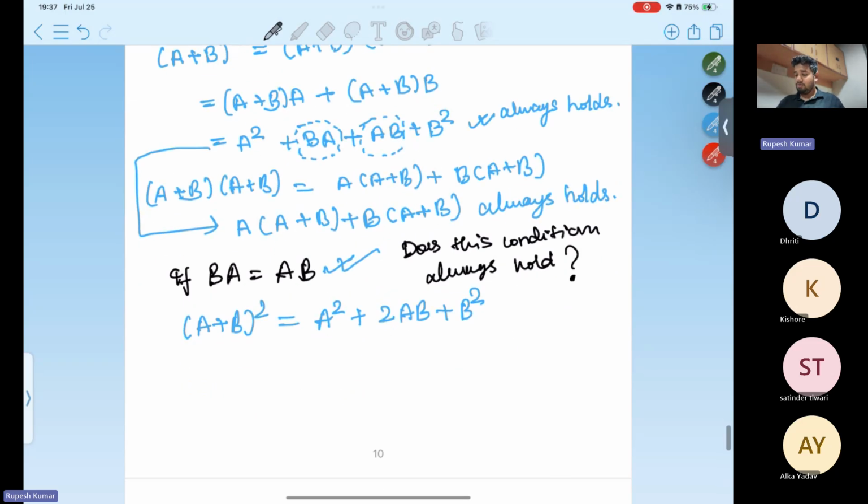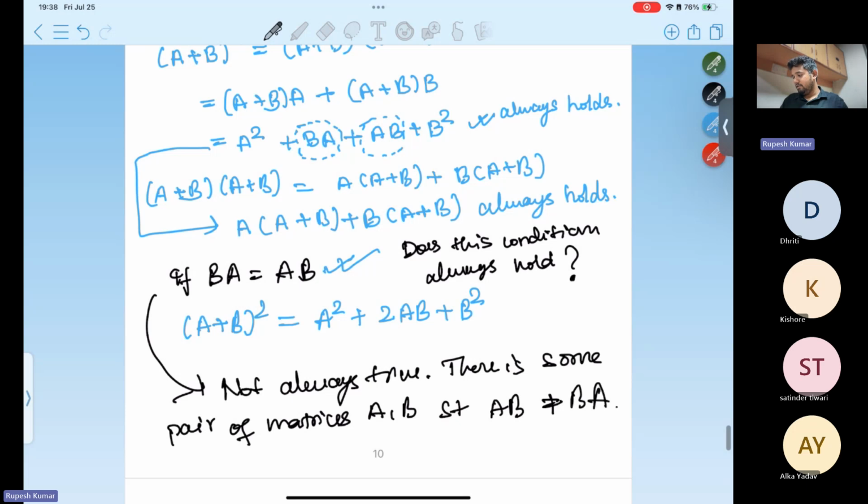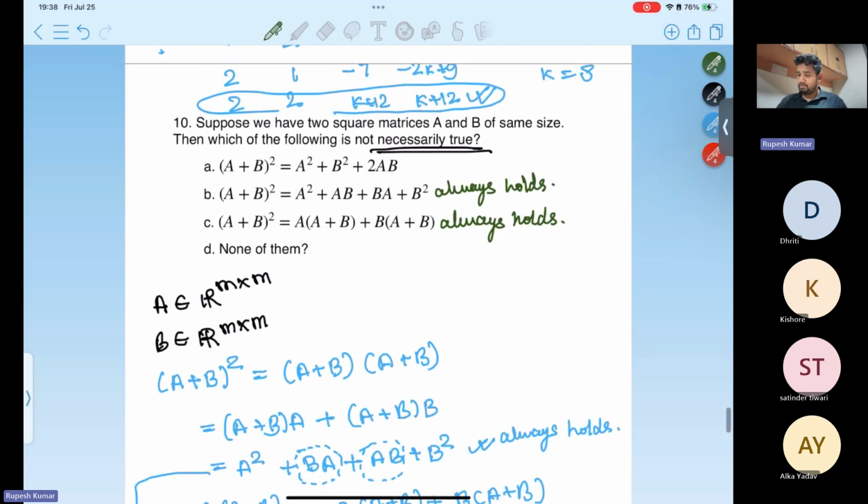Right. This is not always true, right? So there is some pair of matrices A, B such that AB is not equal to BA. Fine. So yeah, this does not hold. This is not necessarily true. So option A is the correct answer that we require for this problem.